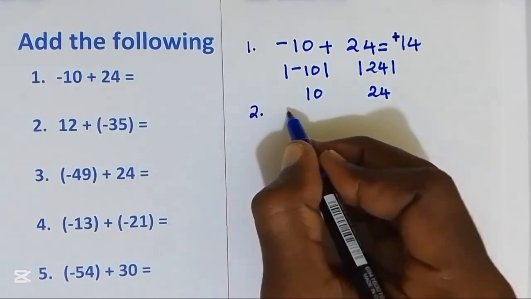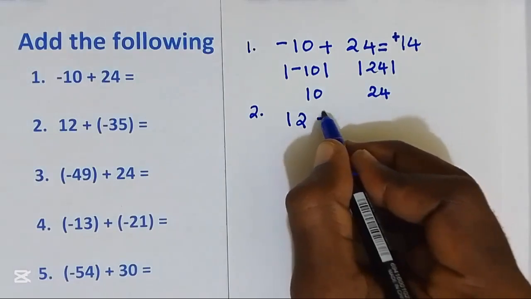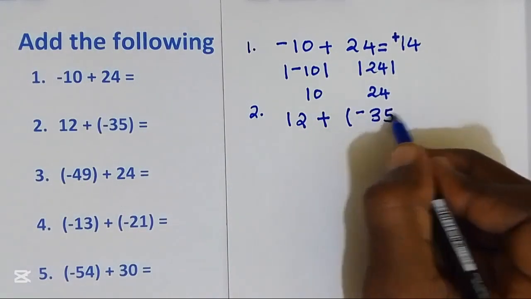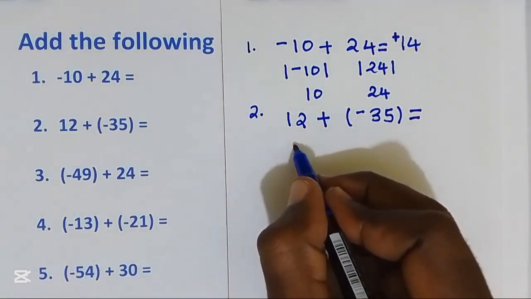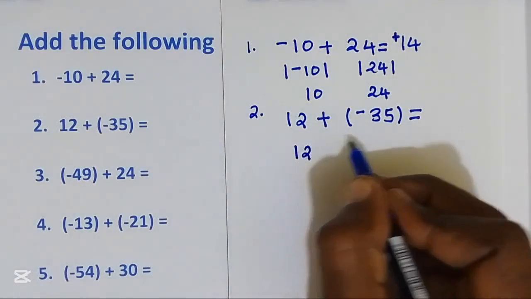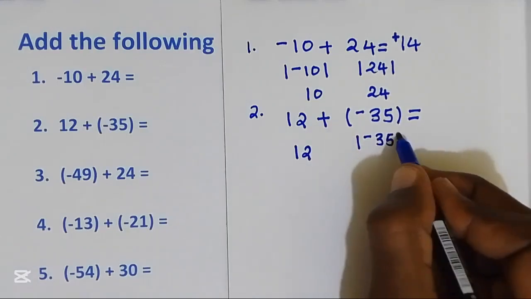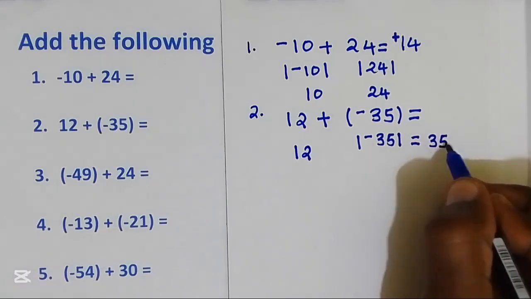Let's do question number 2. We have 12 plus minus 35. We are going to take the absolute value of 12, it is 12, and the absolute value of minus 35, that is 35.